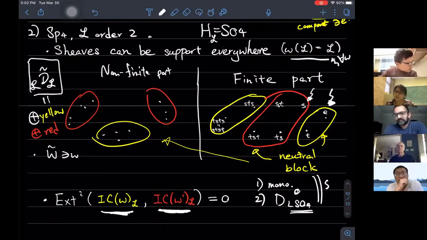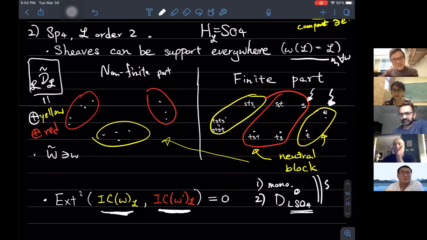I think this is a special case if I could prove the non-neutral block equivalence. If you have that equivalence, I would get this as a consequence. This is weaker, so isn't it nice? Probably this is true. I hope it is true.